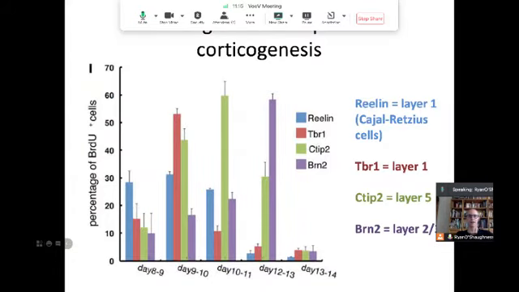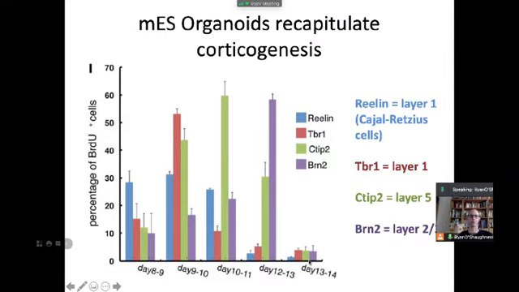And we can see here these key markers of each of these layers being expressed during the culture process of these organoids. So these mouse organoids recapitulate the whole of the formation of the cortex, or corticogenesis as it's called, and we get different expression of different layers at different times during the growth of these organoids, suggesting that it very closely models what happens in the human or mouse brain.